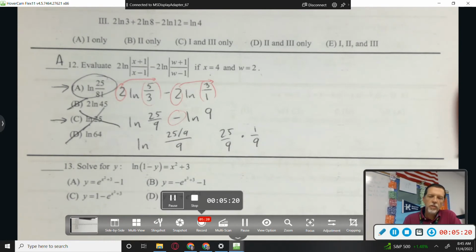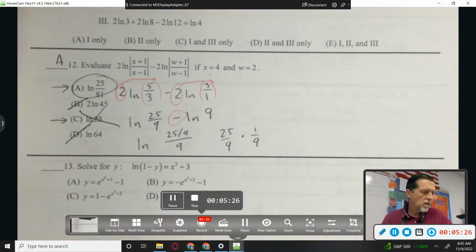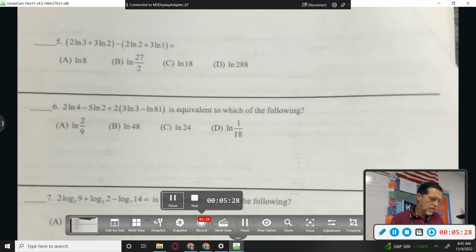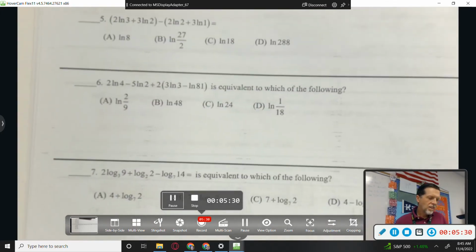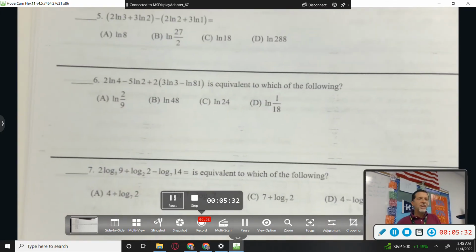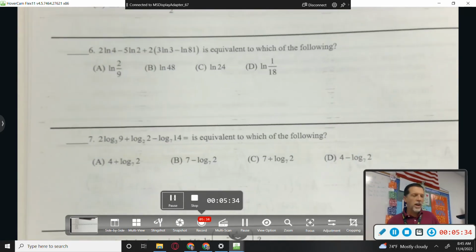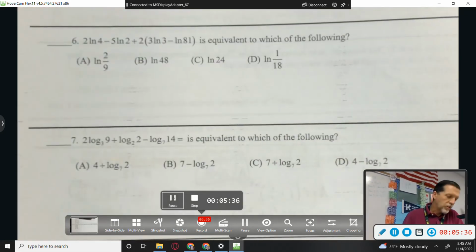Others from the review? Can you do 6? Number 6. Okay. So similar to what we just did, condensing, trying to keep track of everybody. There's a lot of numbers.